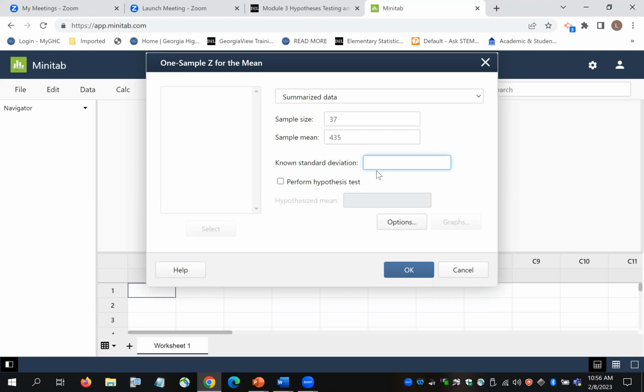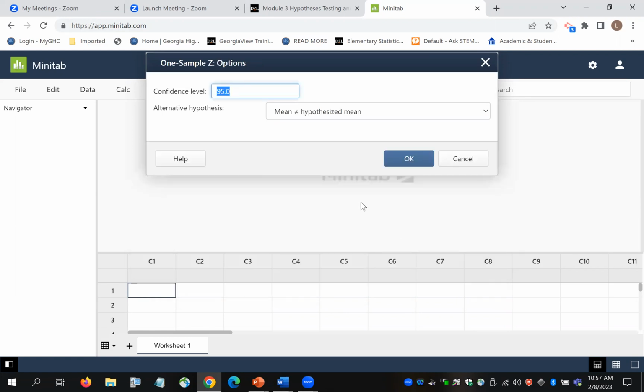The known population standard deviation is 14. I'm going to click this box that says Perform Hypothesis Test. My hypothesized mean was 438. Then I click Options. We are using a 95% confidence interval.